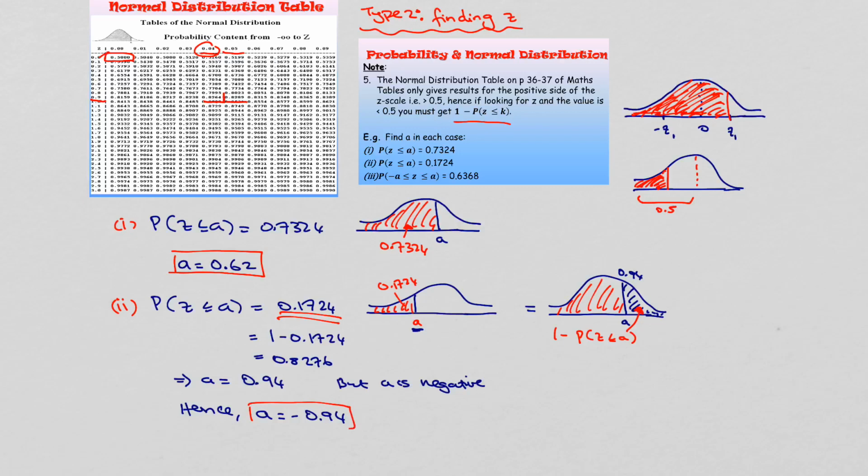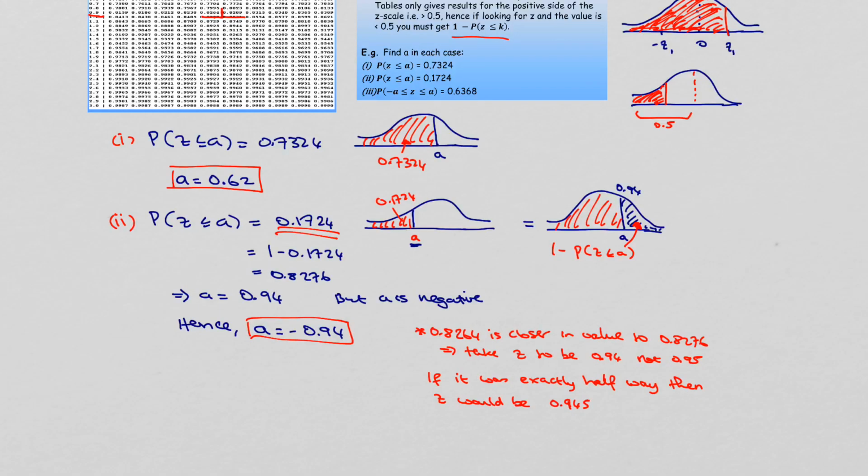Okay, so you're always going with the closest z-score. If the probability lies halfway between two different z-scores, then you go exactly halfway between them. Okay, so the next one then is where we're given our range of values. So I'm going to go on to the next page for this. Okay, so just making that note there, obviously about exactly halfway or taking the closest value.